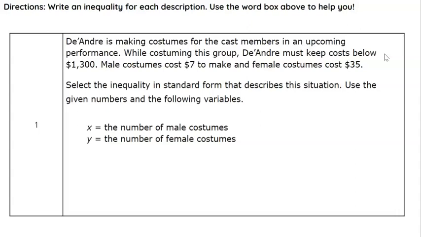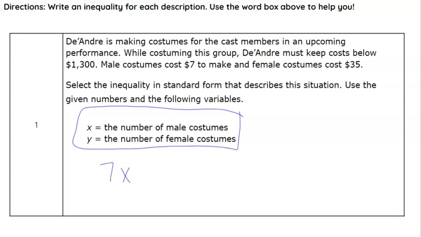So we're going to write out the inequality that would match this using these variables. X is the number of male costumes, and Y is the number of female costumes. So what this is going to look like is we know how much each costume costs to make. Male costumes, $7. So every male costume is going to cost $7, so we're going to put 7 next to X.